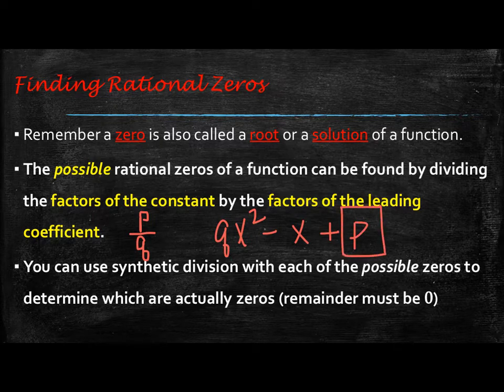You're going to take all the factors of that constant and divide them by all the factors of your leading coefficient. So you'll see what that looks like in just a minute.